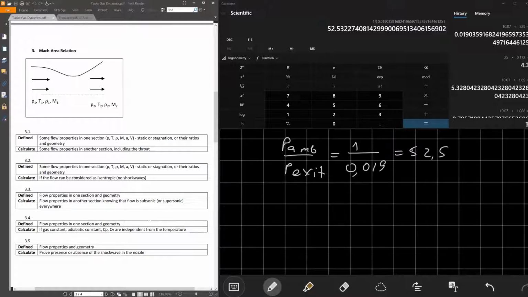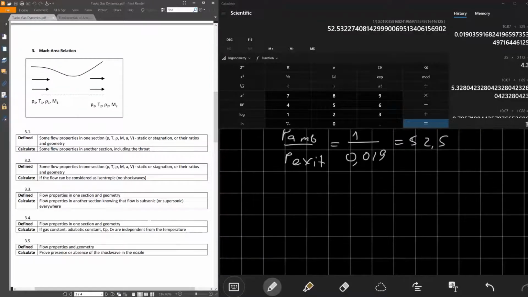Okay, question 3.3. We have flow properties in one section, and we have geometry. We need to find the flow properties in another section, knowing that the flow is subsonic everywhere. So it's basically having some kind of trick, right?